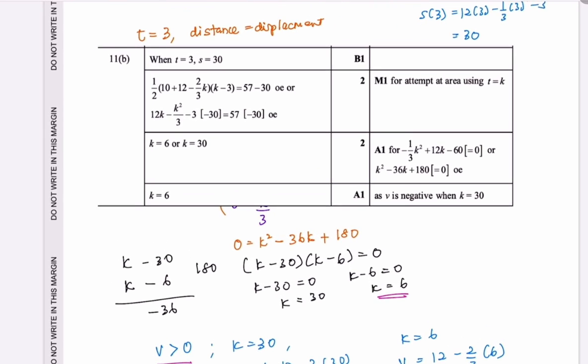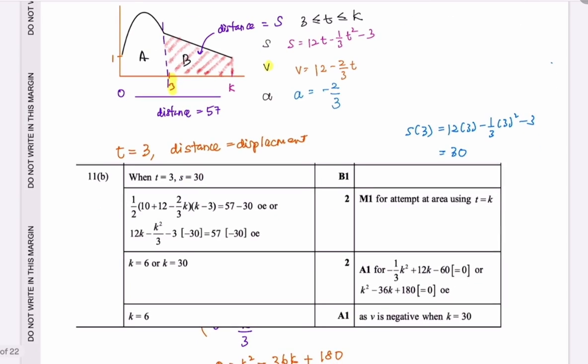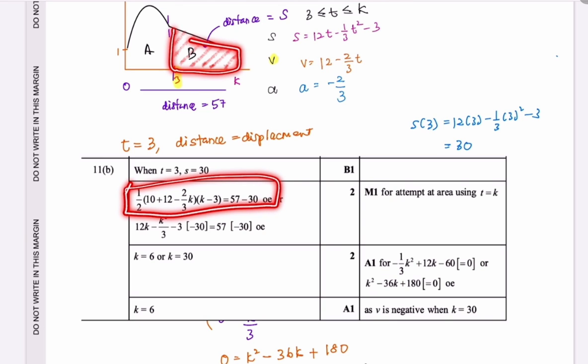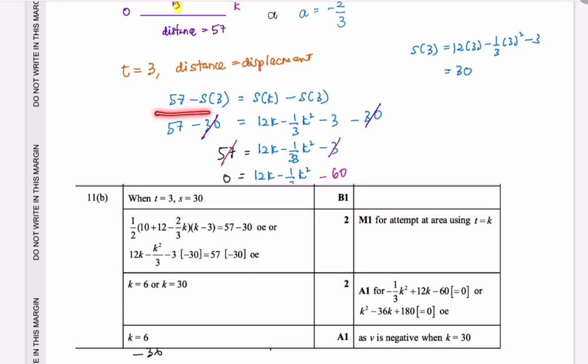Let's check with the marking scheme. This is a 6-mark question. The first mark is when we understand that when T is equal to 3, the displacement is equal to 30. So this is over here. That is 1 mark. And you have two choices over here. Either you use the trapezium formula, make it equal to 57, or I'm using the second method, which is this part right here.